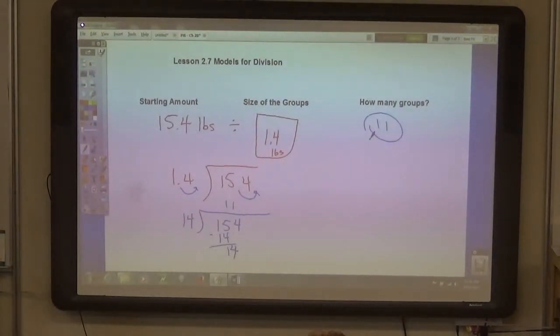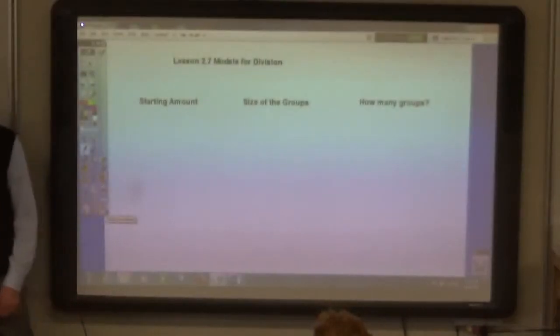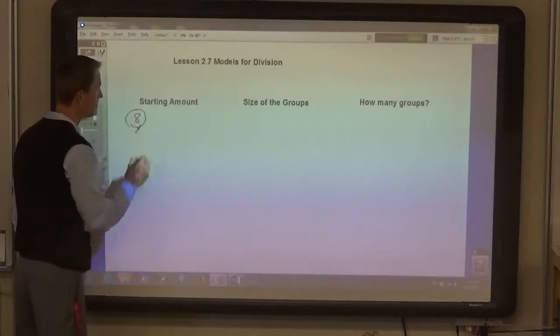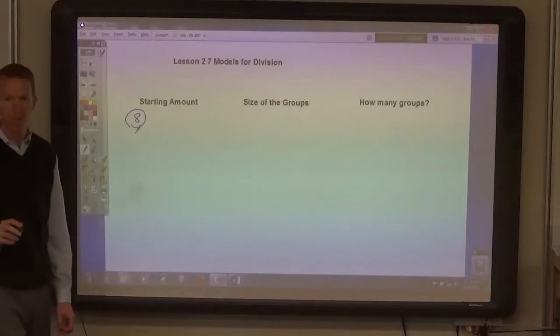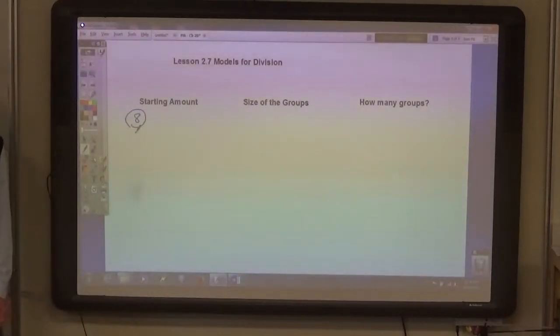Let's look at the models at the bottom. These are the types you'll have to do on the test. Number 8 at the bottom. How much are you starting with? 15 what?